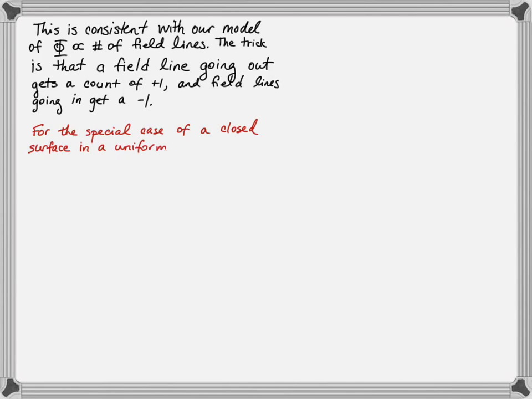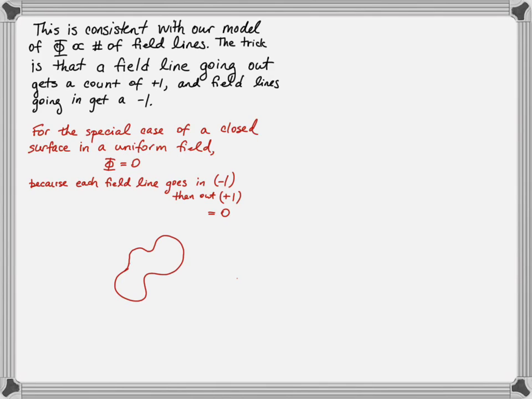So for the special case of a closed surface in a uniform field, the flux is always going to be 0, because each field line goes in, giving you a count of -1, and each field line, if it's a closed surface, must come out somewhere, and so that gives you another count of +1.